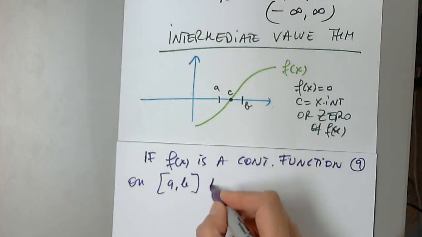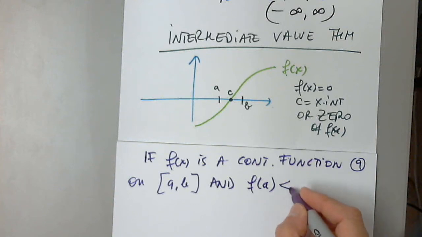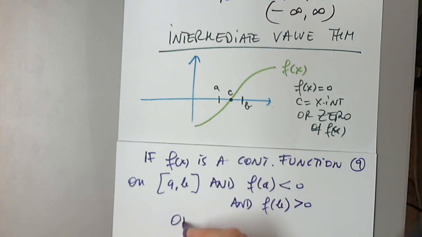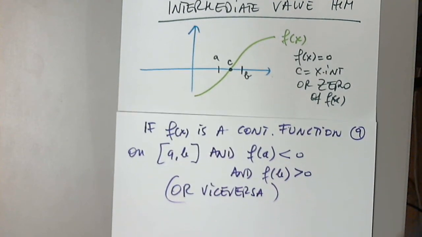Yes. Perfect. And f of a is less than 0, and f of b is greater than 0, or vice versa, meaning f of a is positive and f of b is negative. In other words, we say it changes sign.